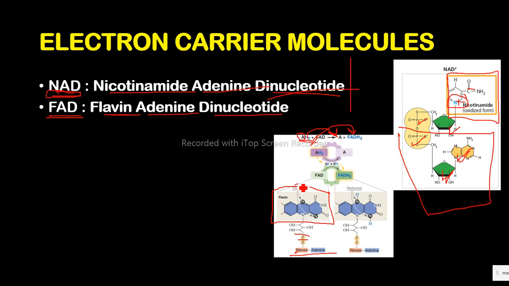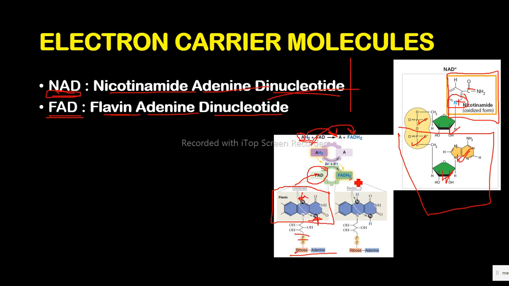So it is the one that receives an electron. In this format it is going to be in an oxidized form, but it will receive that electron. Now this one can accommodate a maximum of 2 protons, where it will receive this and this.